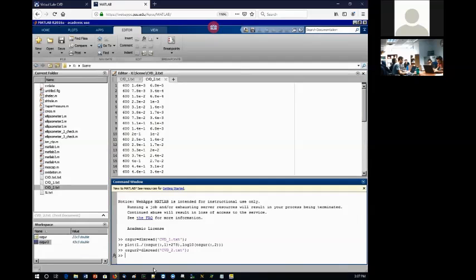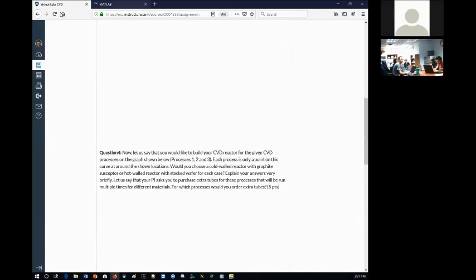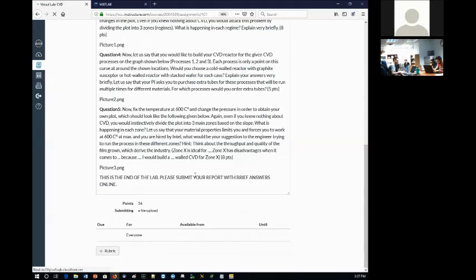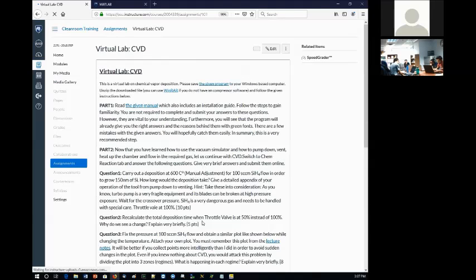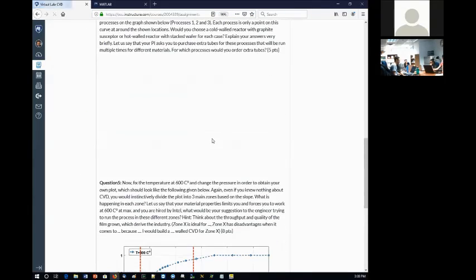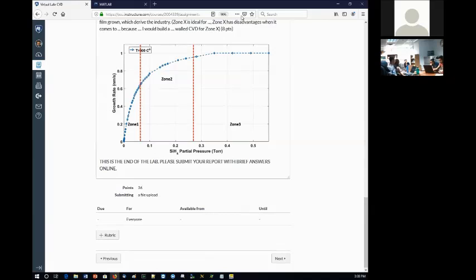Now we're gonna plot this matrix here. How are we gonna plot that? The same way, but let me check the axis. So we're trying to plot it for torr versus nanometer per second.